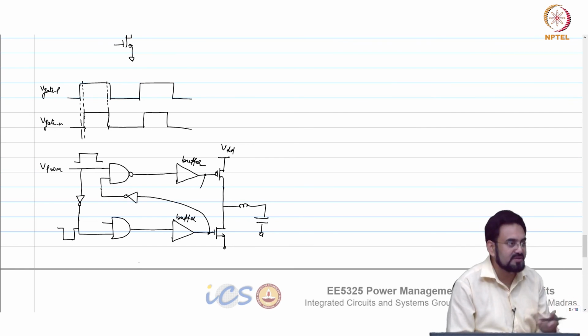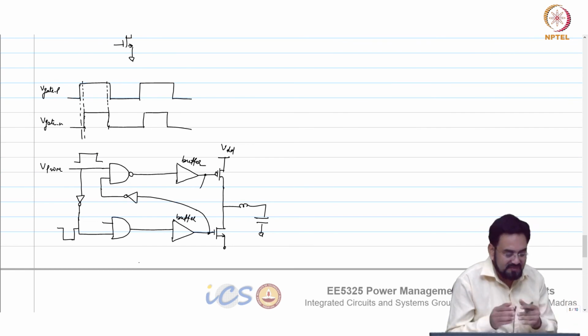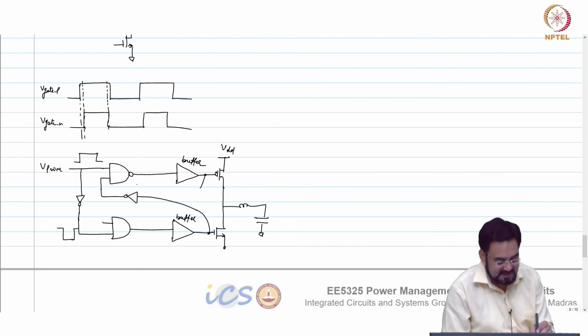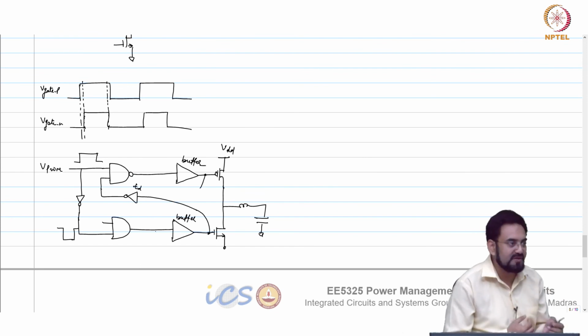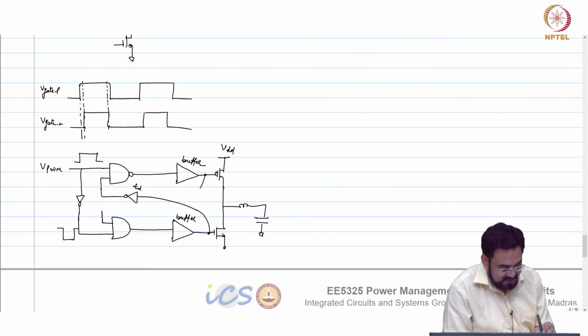I require 2 because I want the same polarity, so you have to divide the delay in half. If this is TD, then the others should be 0.5 TD and 0.5 TD, because we require 2 inverters.